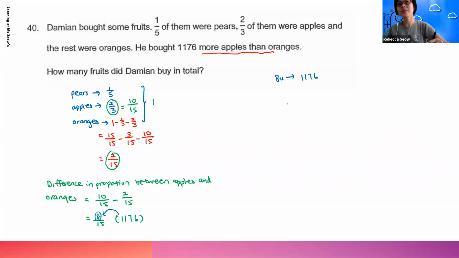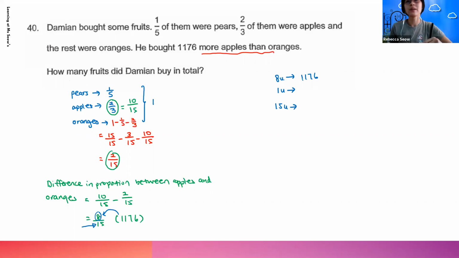Now, the question asks you, how many fruits did he buy in total? Total fruits is always seen from the denominator. So if we know that 8 units is 1,176, we could find 1 unit first, and subsequently we can find the total, which is 15 units.